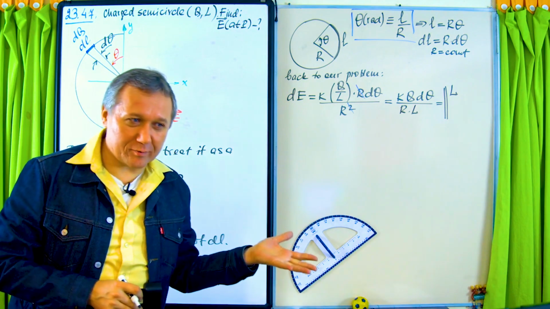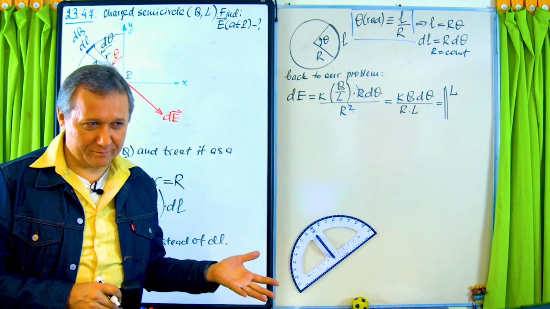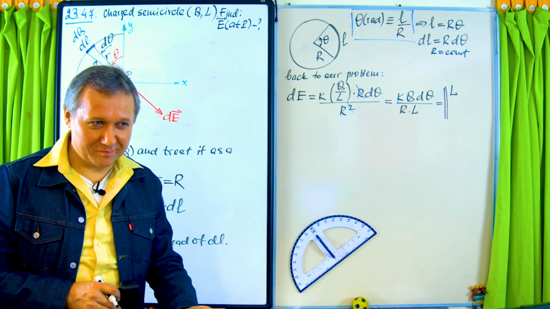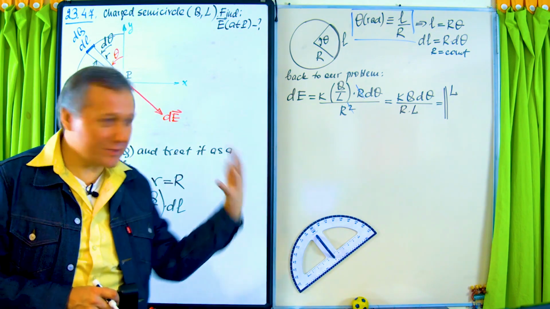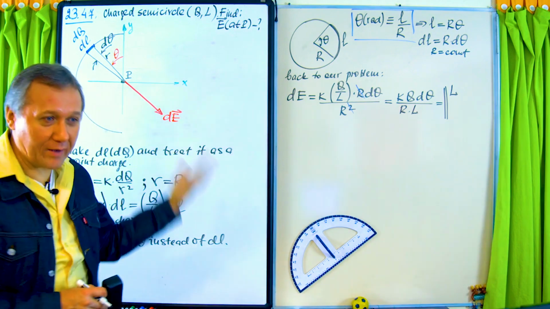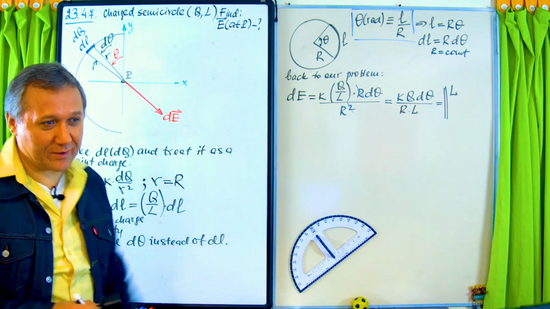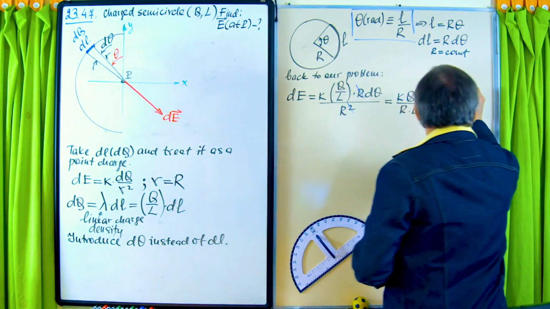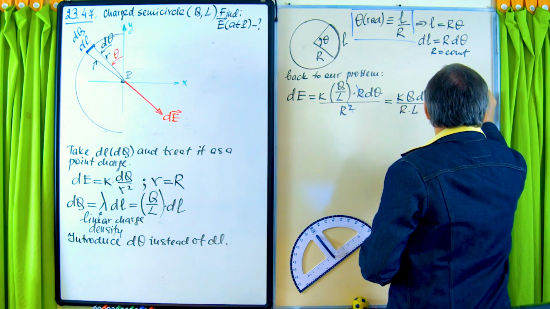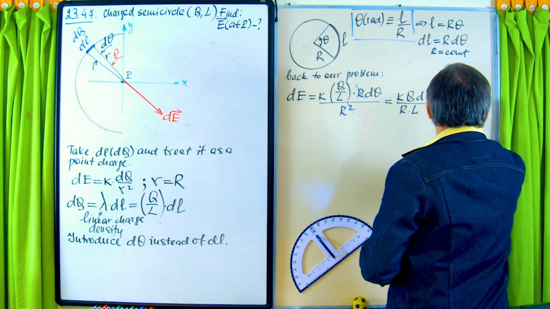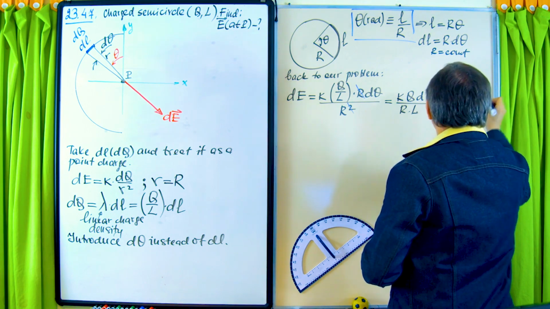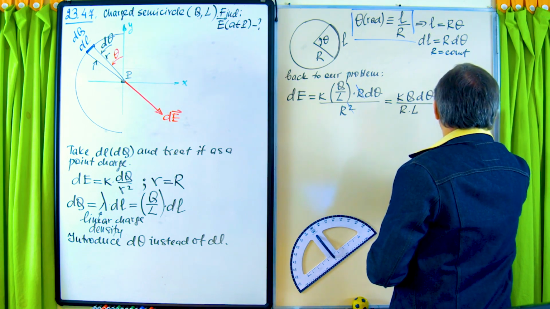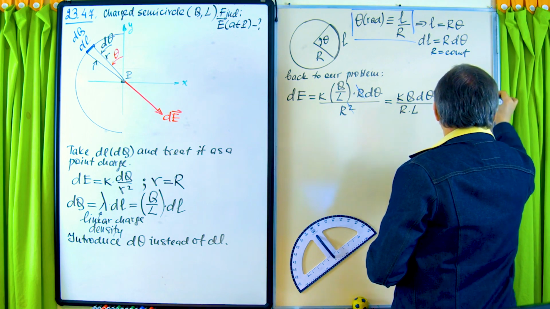How else can we write the length of a semicircle? Pi times r. The total circumference is 2 pi r, but since we have a semicircle, it's just pi r. So r equals L divided by pi.